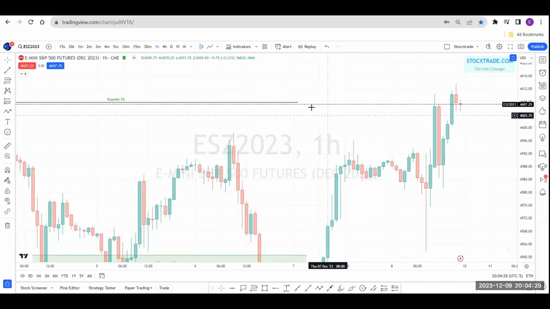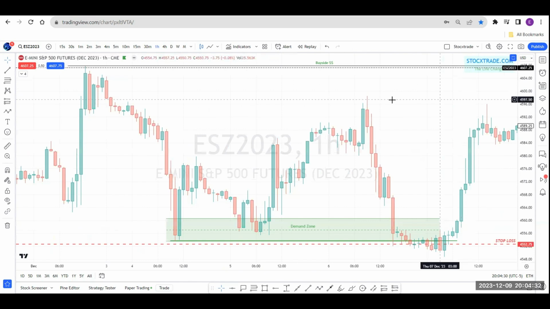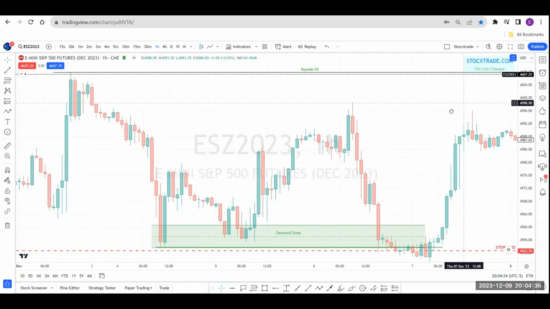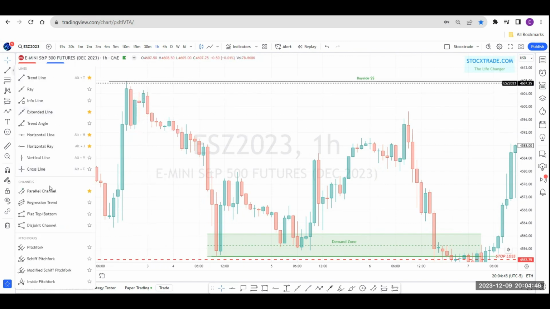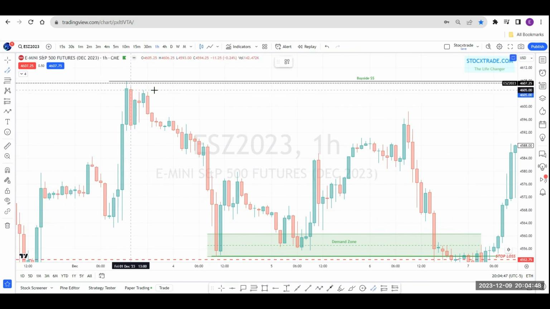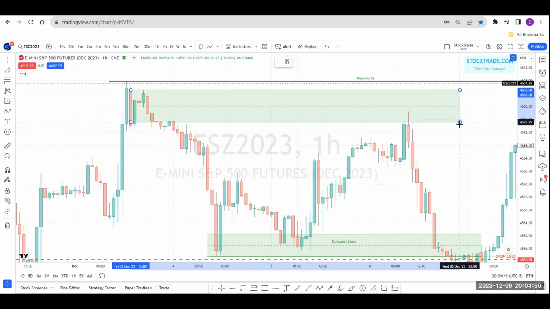Okay. It came here, but what happened? The market retraced, then came back again. So try to check out the profit at the supply zone. Where is the supply zone? The market came down, then went up. So this is the retest. So what I will do, I will mark my supply zone here as I marked it before.